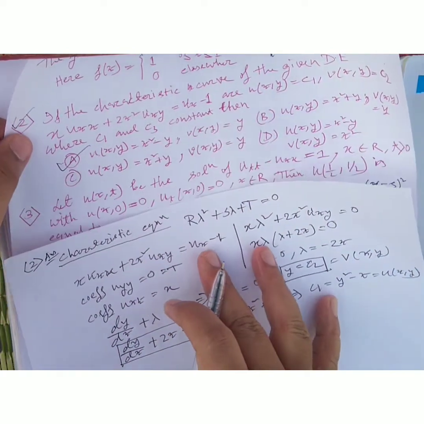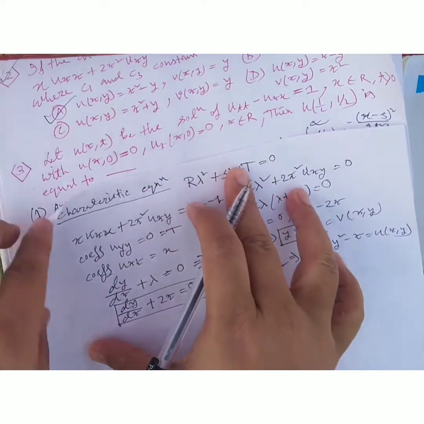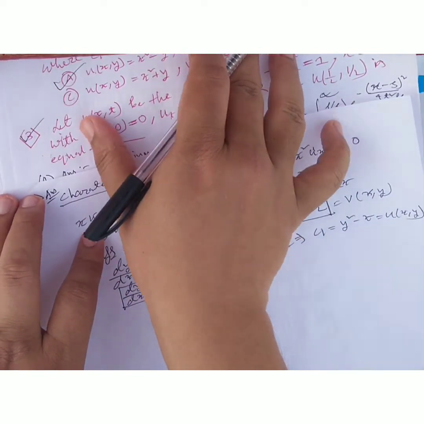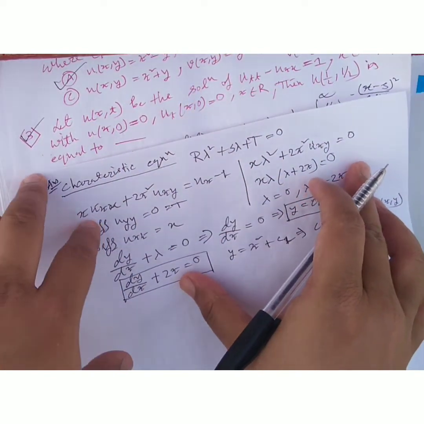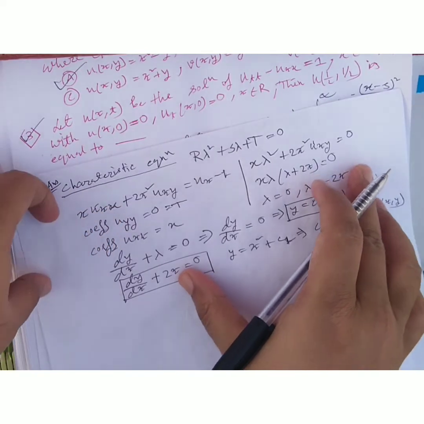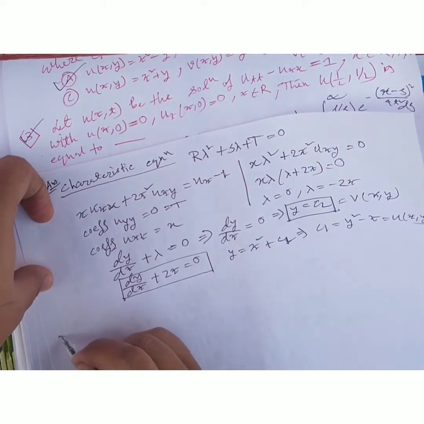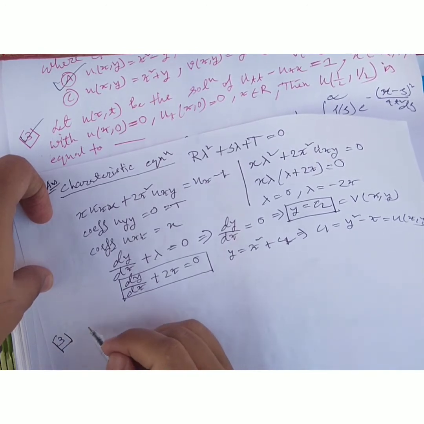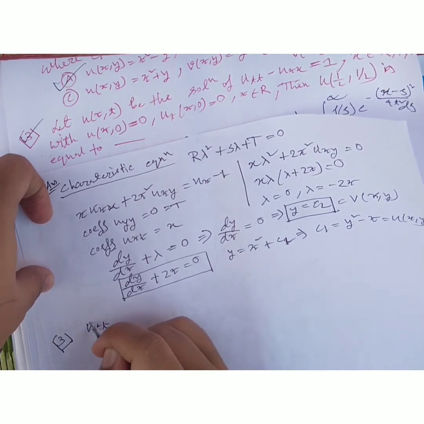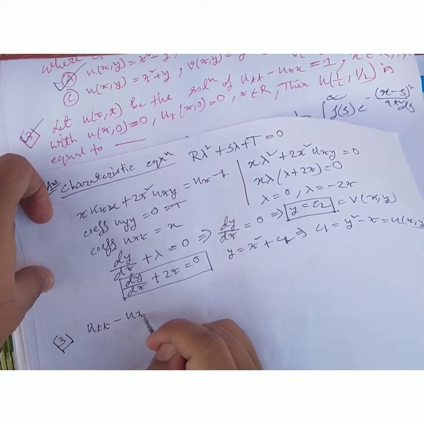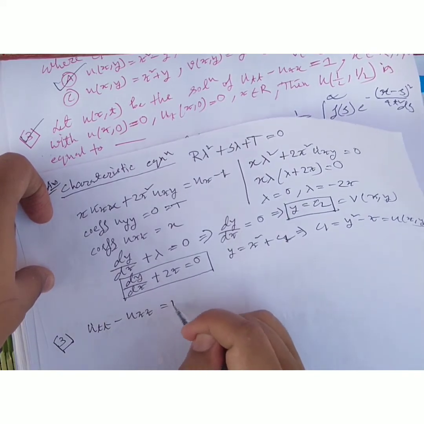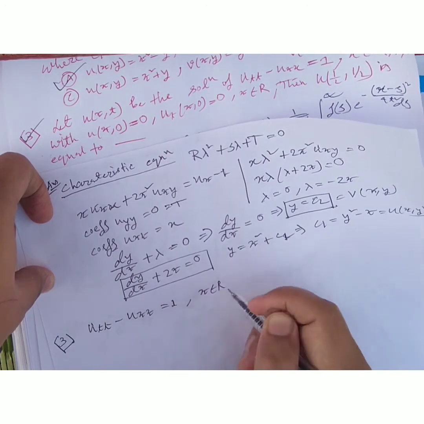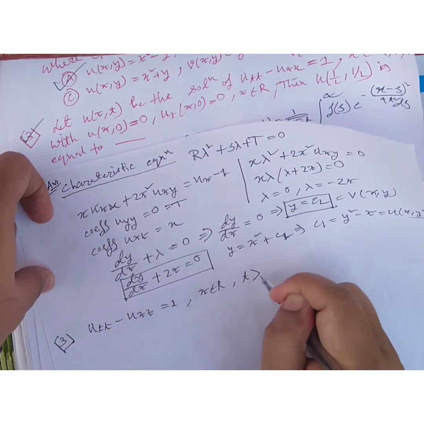Okay, next is number 3. Friends, when I discuss number 3, you will remember that I have already solved this kind of problem in my class. That number 3 is utt minus uxx is equal to 1, where x belongs to R and t is greater than 0.